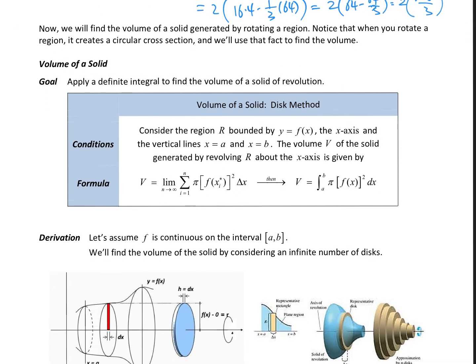So let's say you have a water bottle or something like that. It looks like this, right? I can think of it as doing something like this. You have a shape like this, right? And then you rotate it. So imagine I'm rotating it, right? When you rotate it, you get the shape they want.